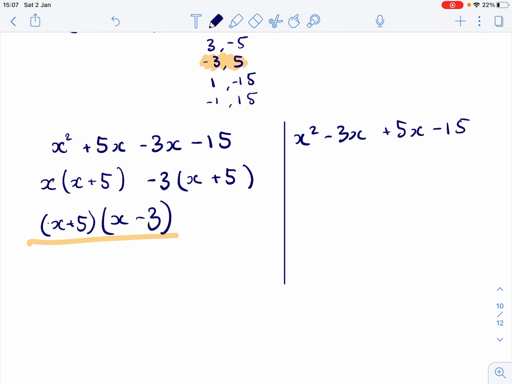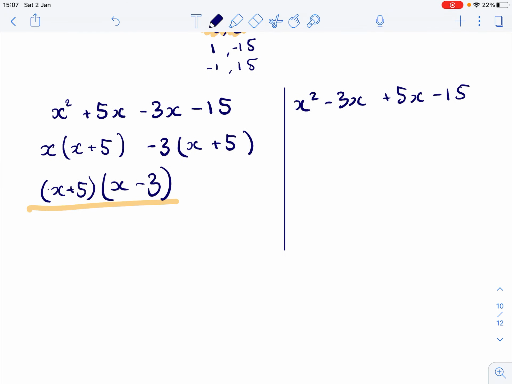I'm just going to show you it the other way, and why this is probably a little bit easier if you have a positive term over here. You can just jump straight in a little bit more. We'd have x brackets x minus 3, and then you can just write straight away plus 5 brackets x minus 3. 5 is a common factor of 5 and minus 15, so you can sort of just jump in straight away a little bit more there, although you should be careful.